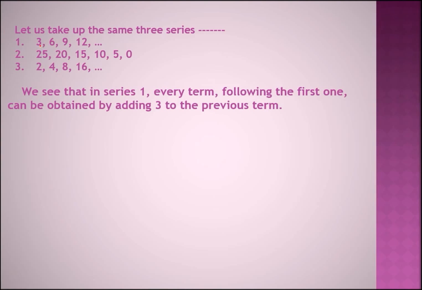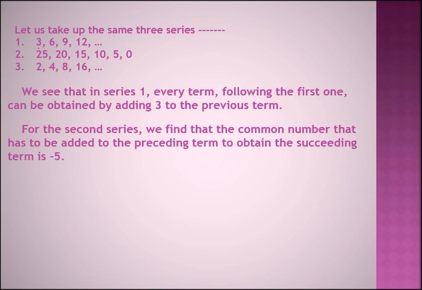See, if we add 3 to the first term 3, we get 6. 6 plus 3 gives us 9. 9 plus 3 gives us 12. So the fifth term will be 12 plus 3, 15. The sixth term will be 15 plus 3, 18 and so on it will go. So every term can be obtained from the previous term by adding 3 to it. That is the law of this first series.